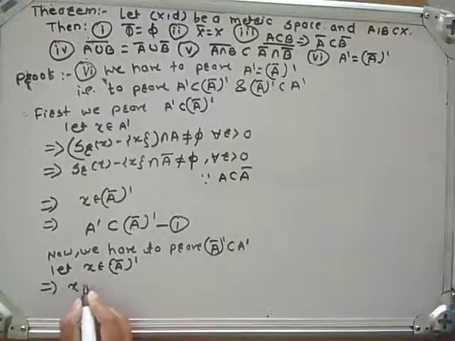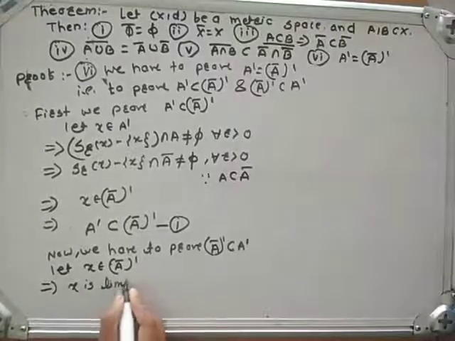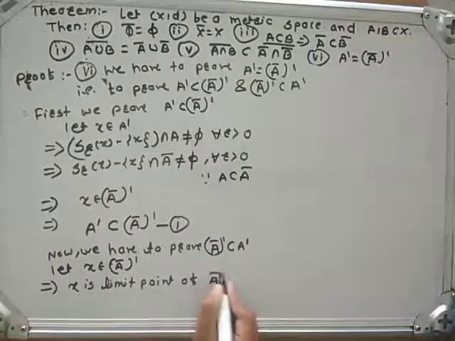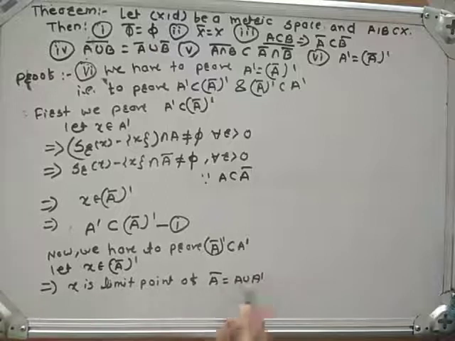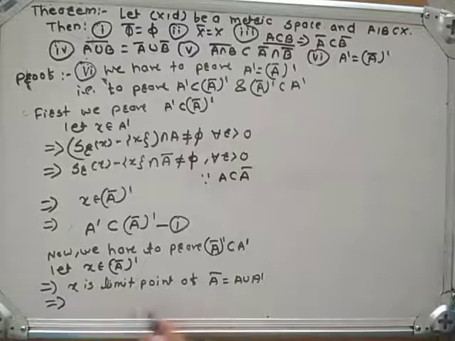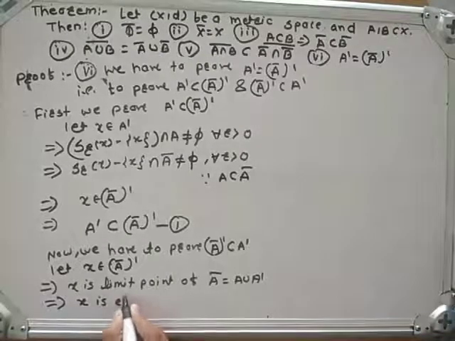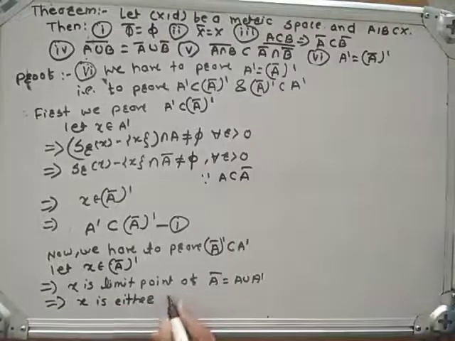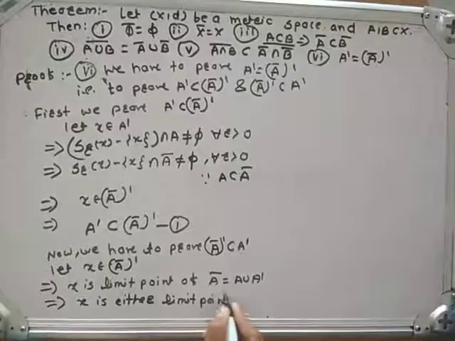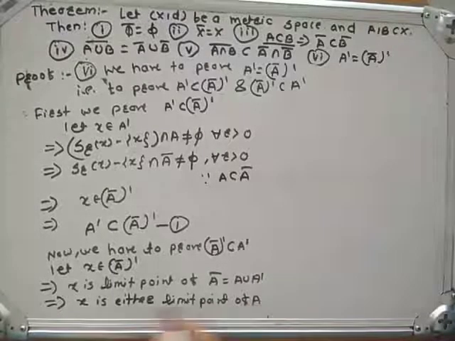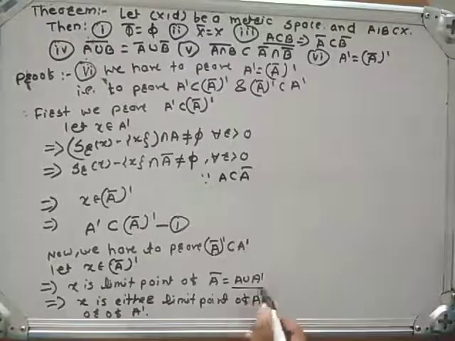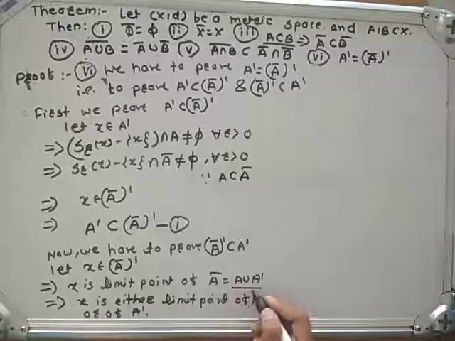That implies x is a limit point of A closure, which is equal to A union A dash. That implies x is either a limit point of A or of A dash. Because here A closure is nothing but A union A dash.